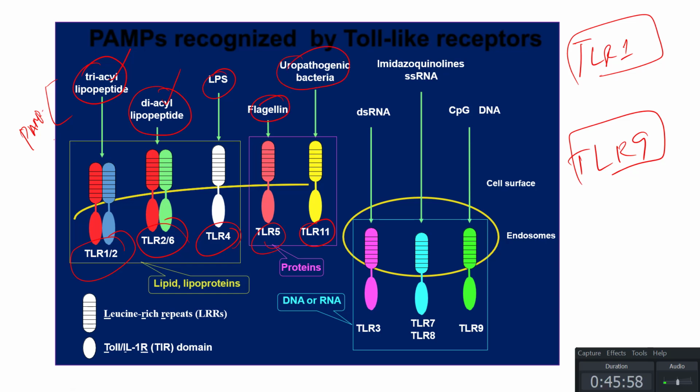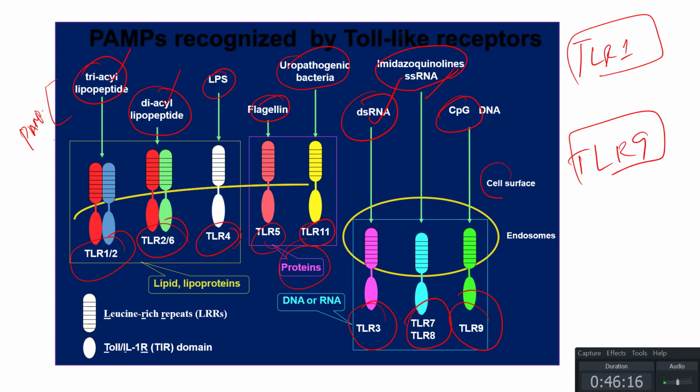That relates to the proteins. Then TLR3 detects only double-stranded RNA, TLR7 and 8 recognize imidazoquinolines and single-stranded RNA, and TLR9 recognizes CpG DNAs.